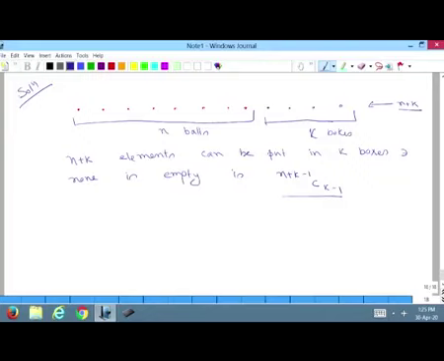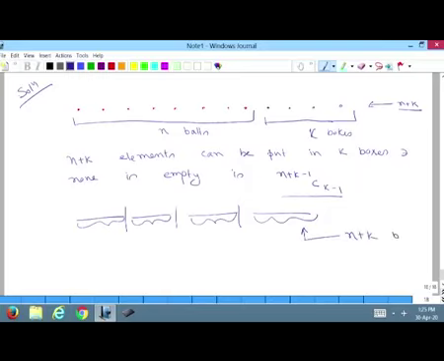Why? Because now we have k partitions, none of them empty. So, how many balls are there? n plus k balls, right? Subtract 1 from each configuration.